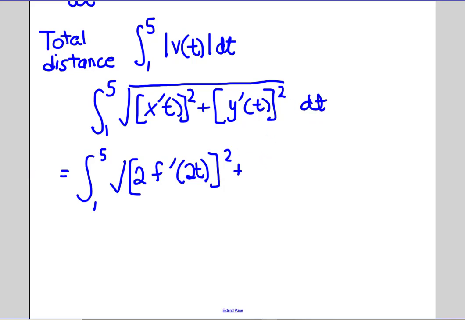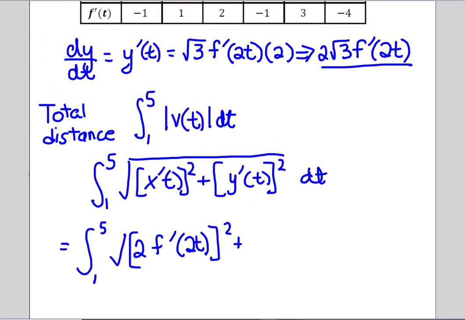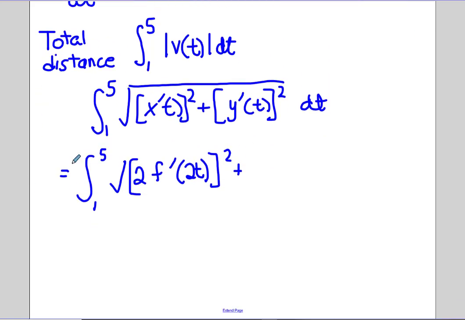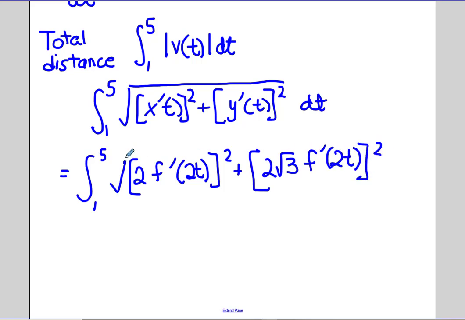And we found our y of t was 2 root 3 f prime of 2t quantity squared under the radical dt.